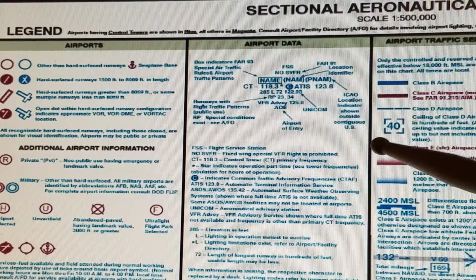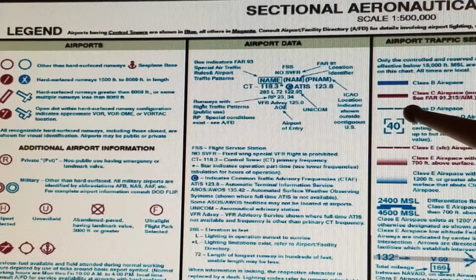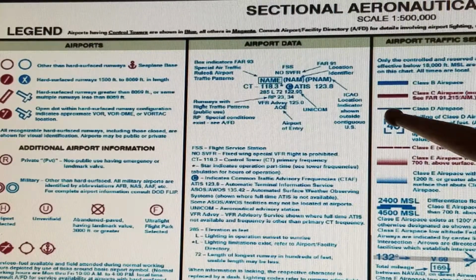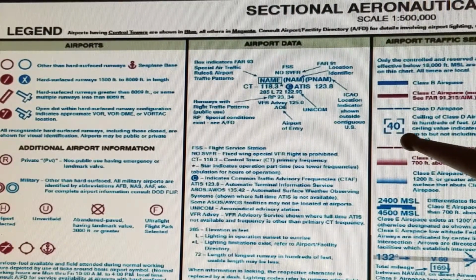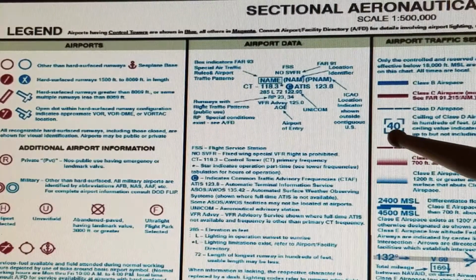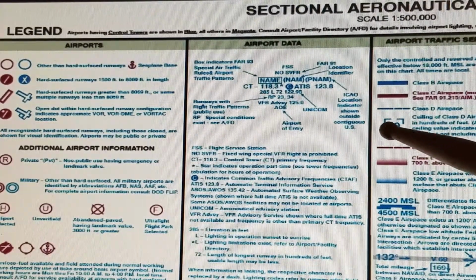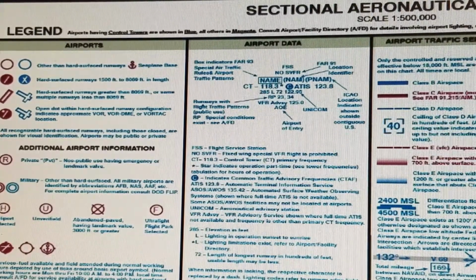And then you have the segmented blue line for class D airspace, and we also have to pay special attention to this box of segmented blue, and inside you have the elevation.